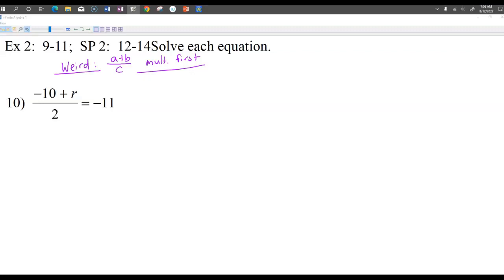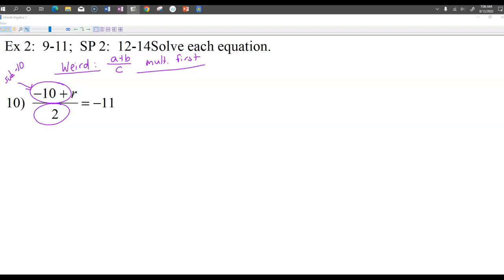So we have a negative 10 being added to the r, and we have the 2 dividing into the r. It's actually also dividing into the 10, and that's what makes it kind of weird. But we could lay that aside for now. So to get rid of the negative 10, which is being added to r, I need to subtract a negative 10.